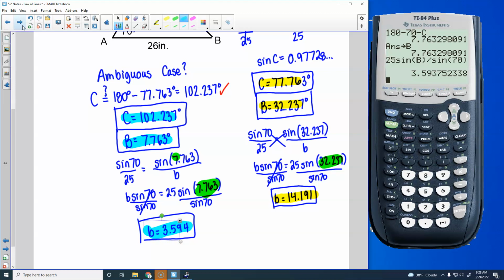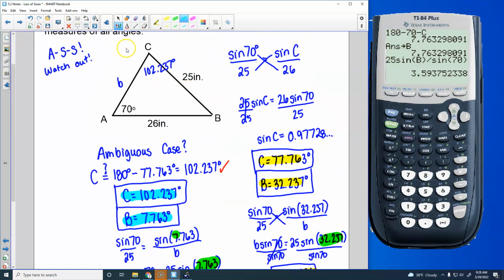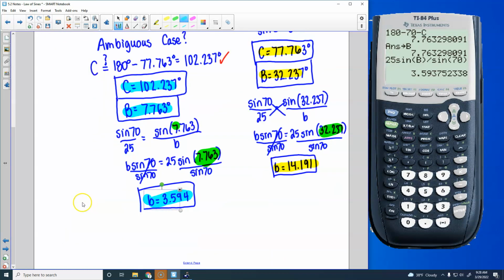If that were the case, we would need to measure one of these angles and see what it actually was, if that was possible, so that we could know which one is actually correct for the triangle we're looking at. But as far as quizzes and tests go, you give both answers because they are both possible answers, but we don't know which one would be the exact answer without having more information.